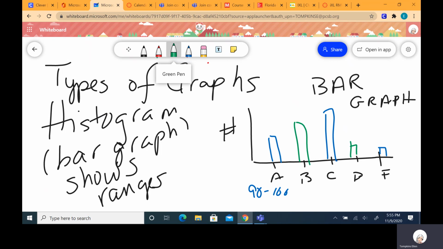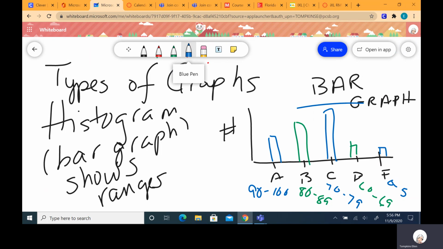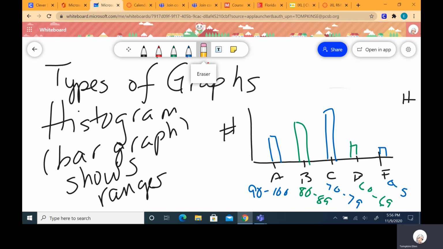Instead of B, I would have 80 through 89. So you can see where I'm going with this, right? 70 through 79, 60 through 69, and 0 through 59. All right, so that would be the first thing that would change, is the ranges.